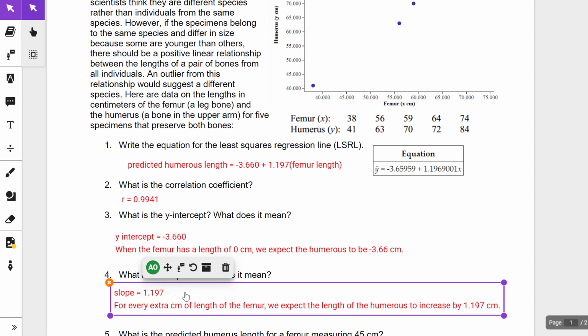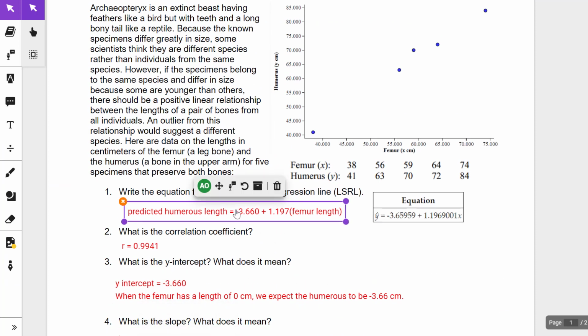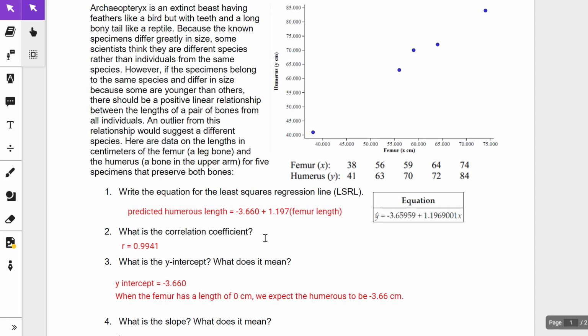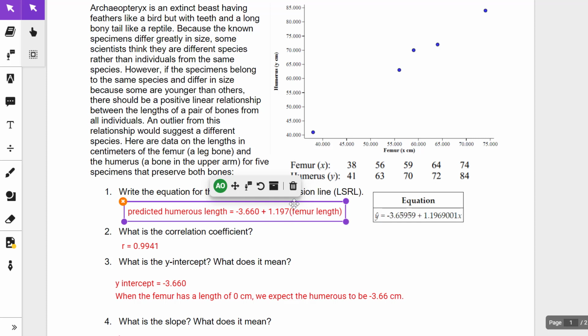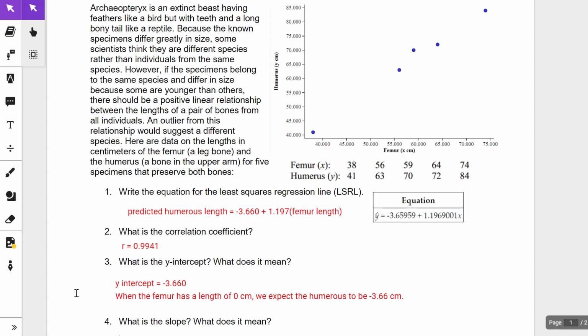What is the y-intercept and what does it mean? The y-intercept is the constant. If you look at the statlet, I know you're used to y equals mx plus b, but in stats, they like to have x's in increasing power. So they do the intercept first, and then the slope in x. Here the intercept is negative 3.66.